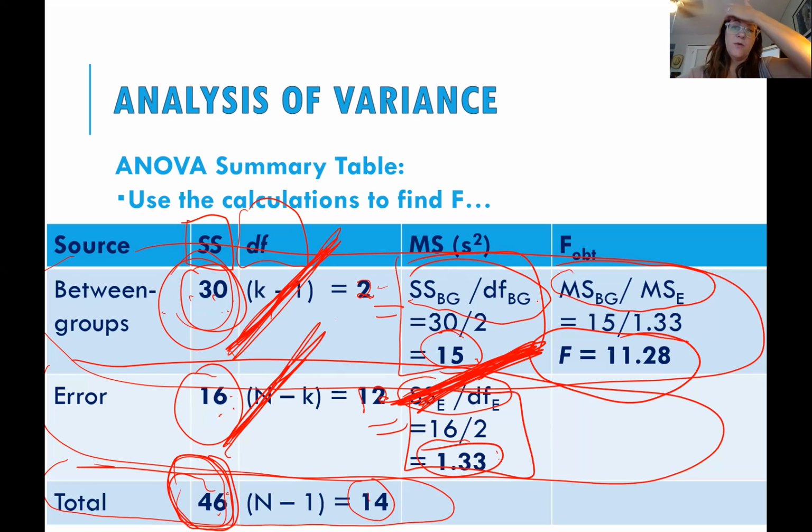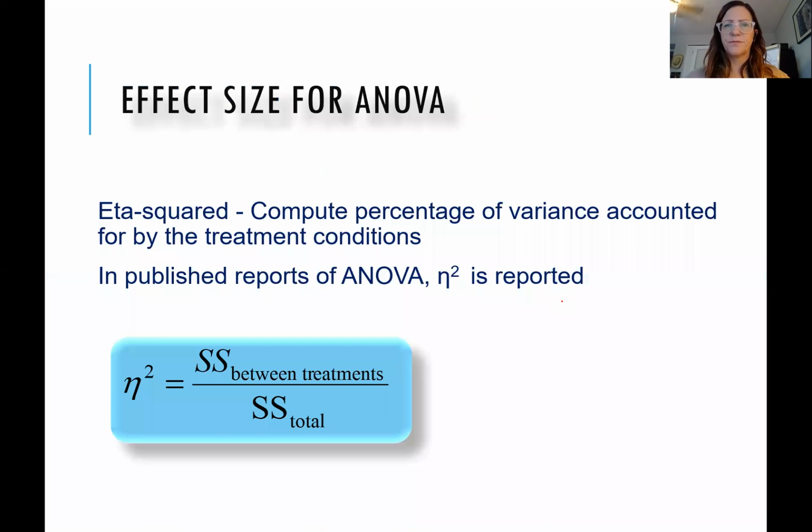And that equals our F obtained. So now we have our F obtained, which is a lot of steps, I understand. But the nice part about ANOVA is that you have this table to help check your work.